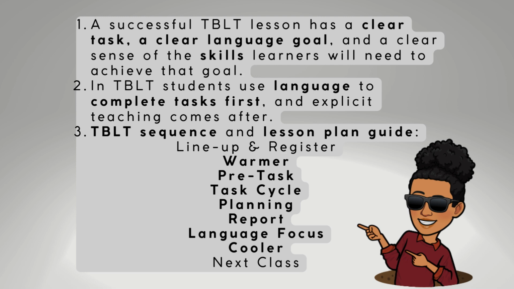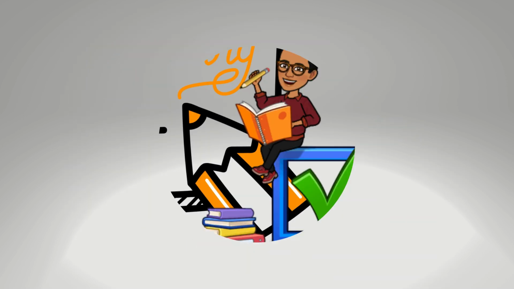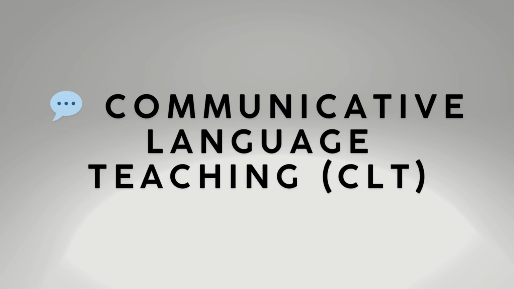Students use language to complete tasks first, and explicit teaching comes after. Number 3, if you've never planned a TBLT lesson before, you can literally take this sequence and use it as your lesson plan guide. Okay, so let's move on now to communicative language teaching, or CLT.